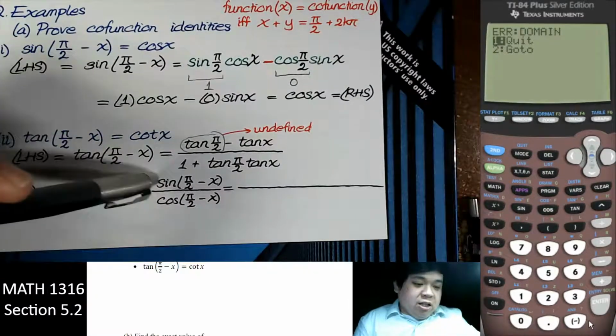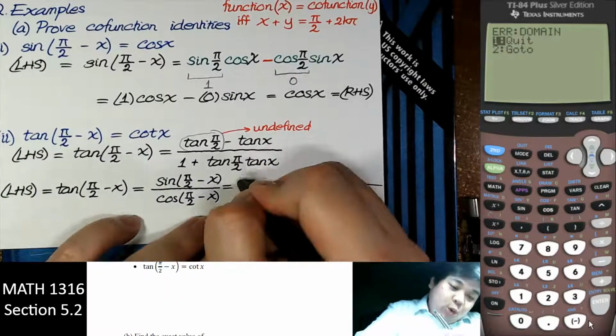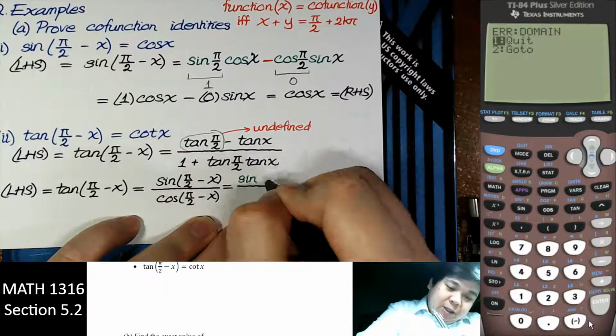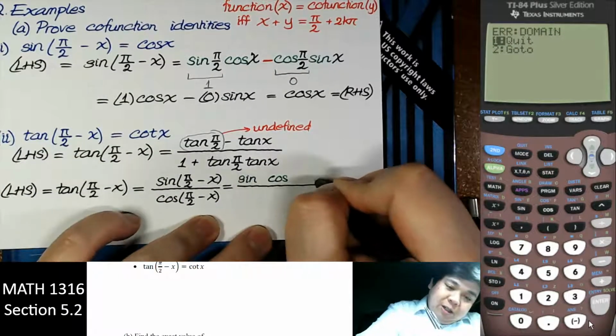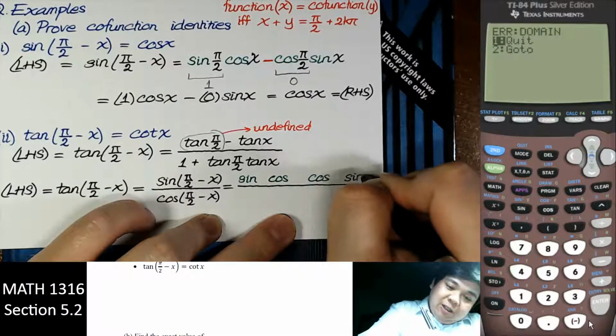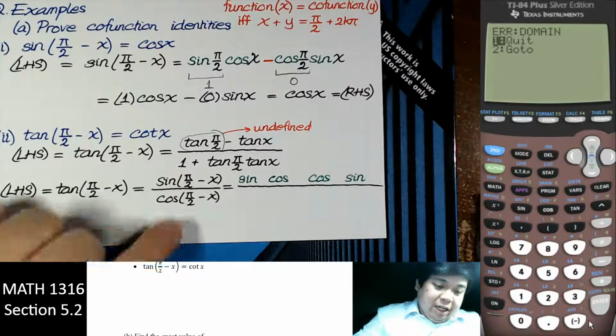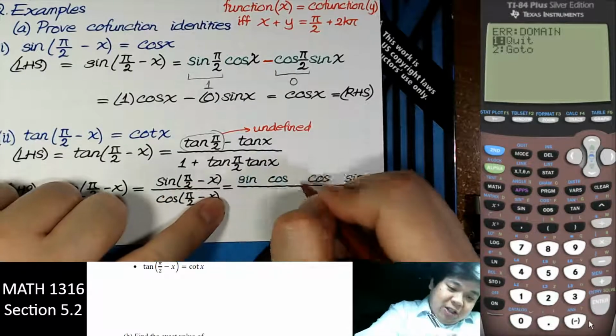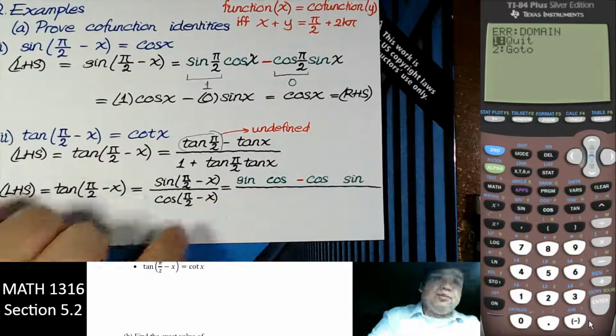Now, for sine, the functions will be different: sine, cosine, minus cosine, and sine. The middle is minus, it will be the same.